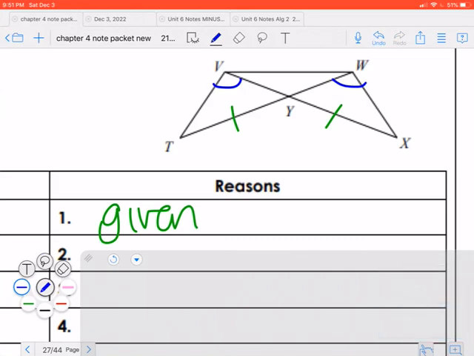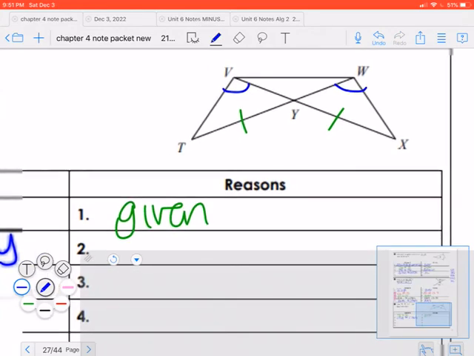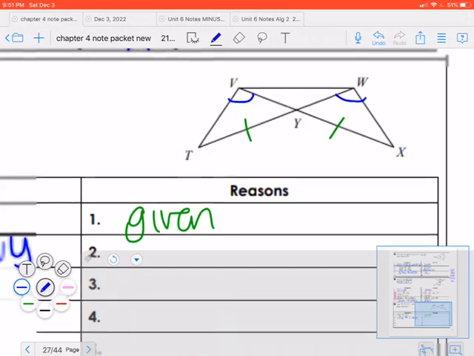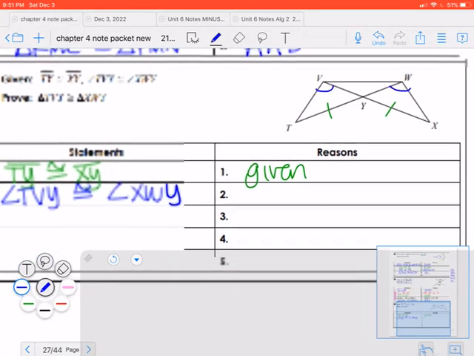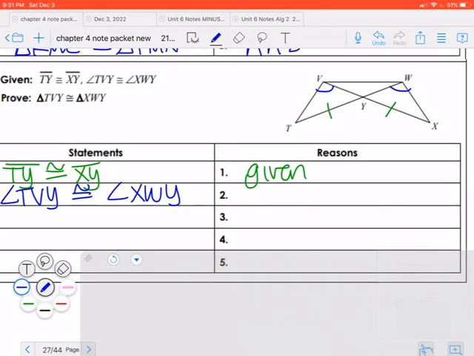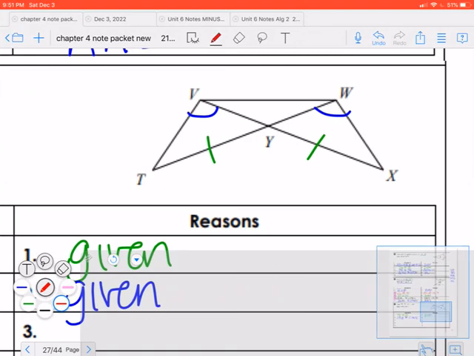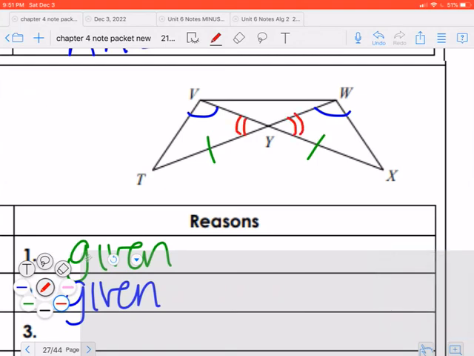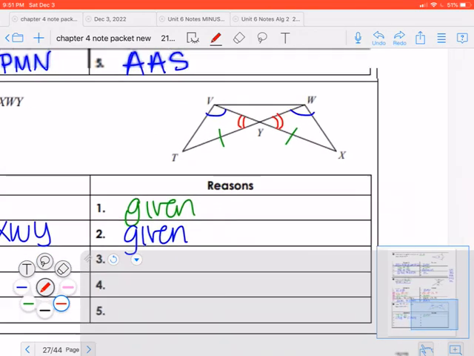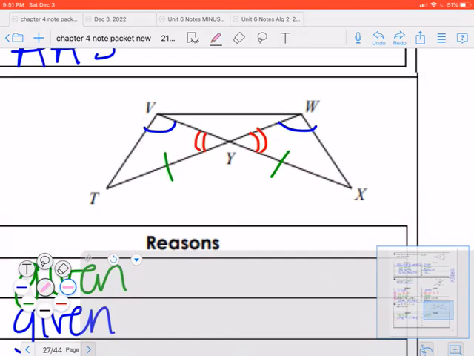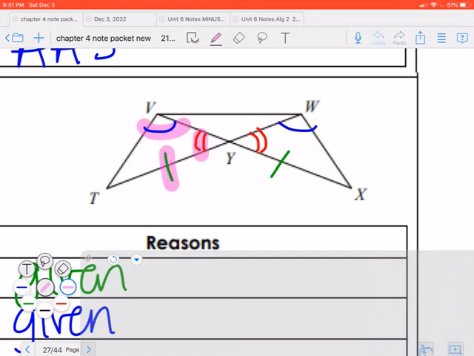Do you see anything in the picture that would allow you to say anything else is given or equal? I forgot to write given right there. I am seeing vertical angles because we have our two crossing lines there, and that will give us angle, side.